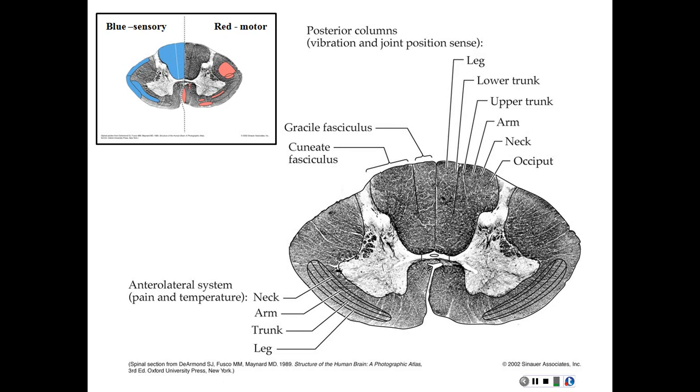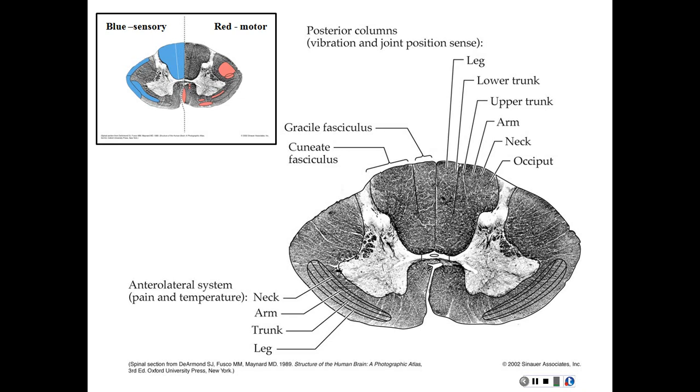The sensory information for proprioception comes in, and those axons ascend without making any synaptic contact yet to the brainstem. So clearly, the dorsal columns are carrying information from the same side of the body. In it comes, and the axons ascend.